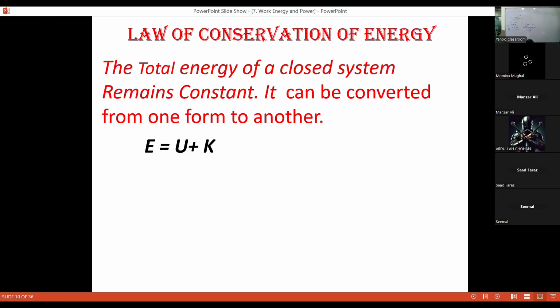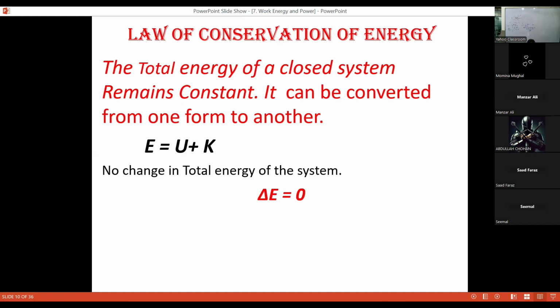For example, there is a body, you have thrown it upward. It will have either kinetic energy or potential energy. At any point, the total energy of the closed system will be constant and can be converted from kinetic to potential. No change in total energy. So, total energy does not change.